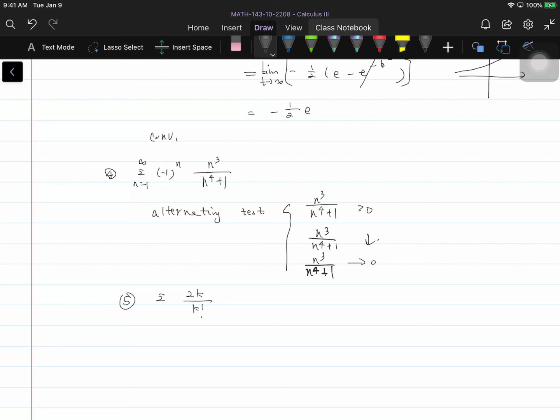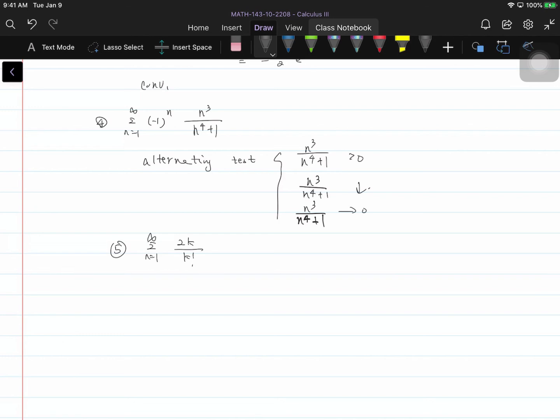2 to the k over k factorial. Whenever we have a factorial, we like to do the ratio test. Here we compute a_{k+1} over a_k, which is 2 to the k plus 1 over k plus 1 factorial times k factorial over 2 to the k, and simplify.